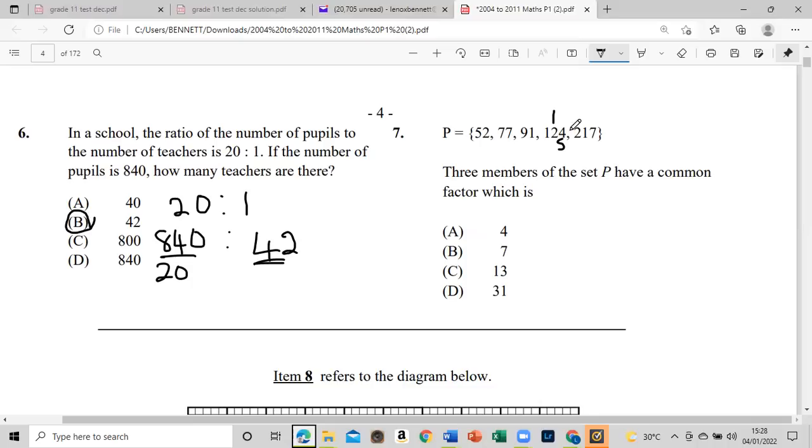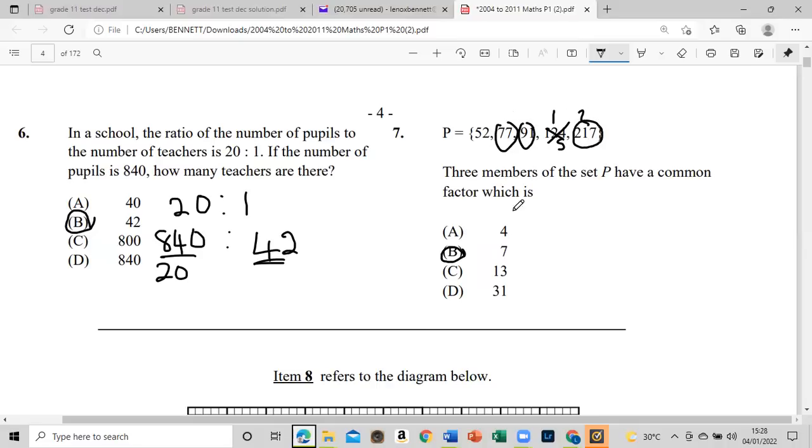Can't go into this one, but can go 3 times and 1. So the 7 is going into 3 numbers. It's going to go into 77, 91, and 217.